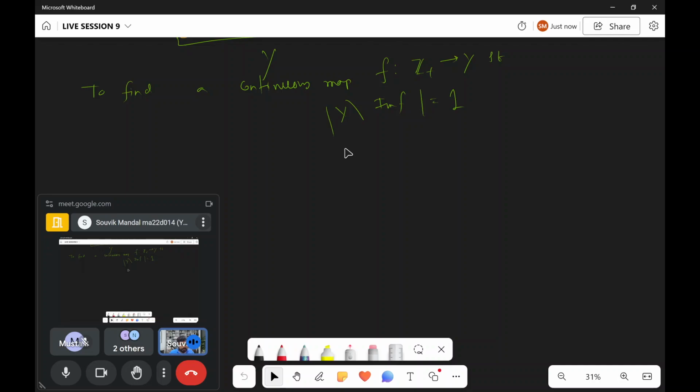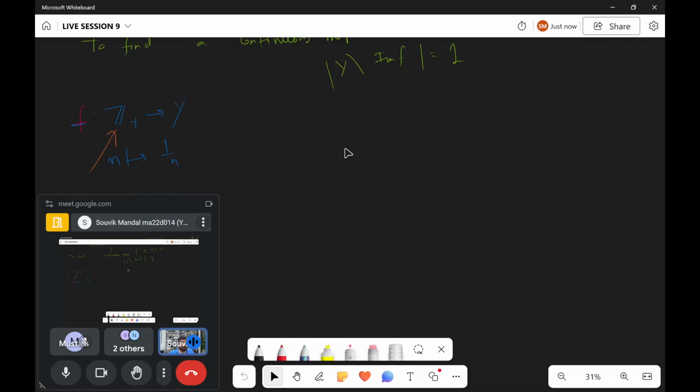Anyway, defining f from Z plus to Y, the map is n goes to 1 by n. The domain Z plus has the discrete topology.